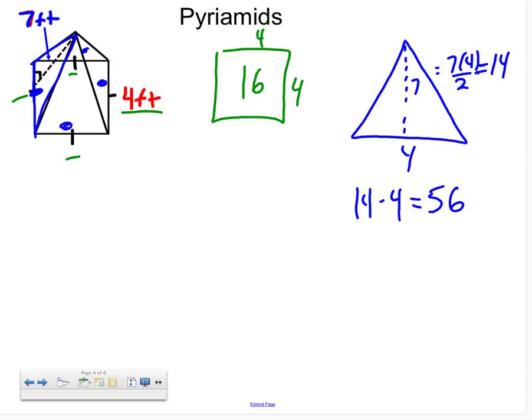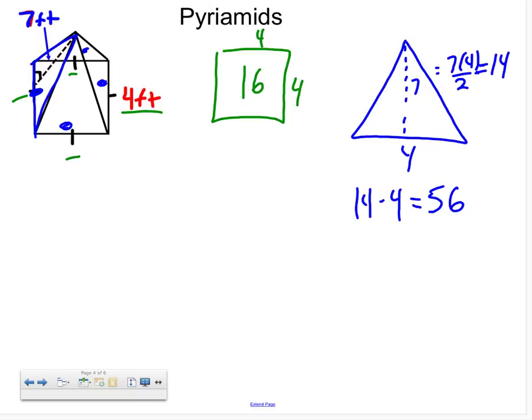Now that 56 is what's called the lateral surface area, because it is the surface area of just the triangular parts of the pyramid. It does not include the base shape. It is just the triangular pieces of the pyramid. So that has a lateral surface area of 56 square units.